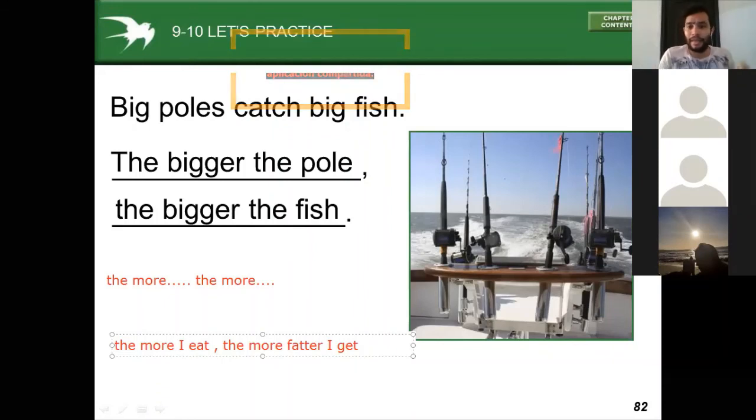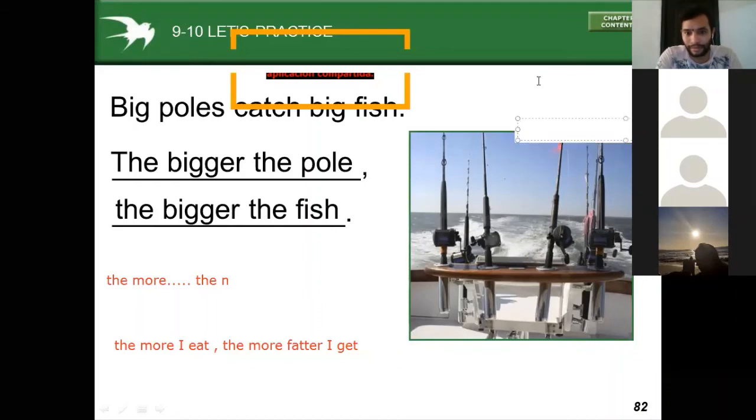We say get fatter, right? Or get fat. So this is the way I can use it. The more I eat, the fatter I get. This is something wrong I'm using. Let me do it again.